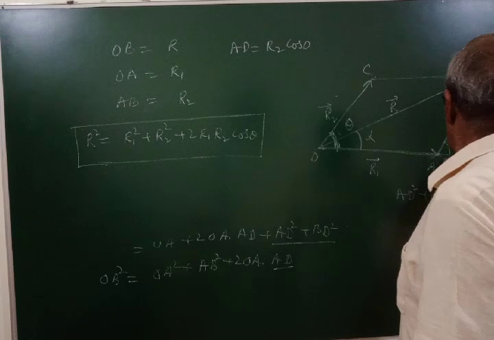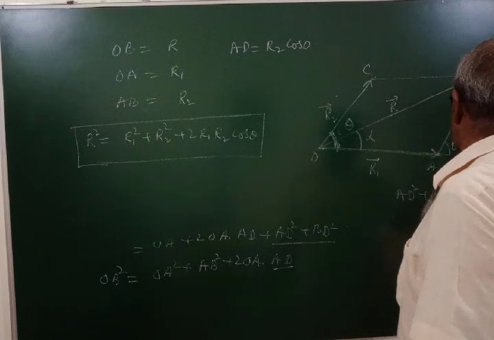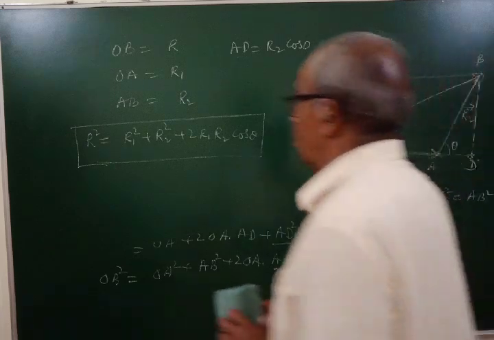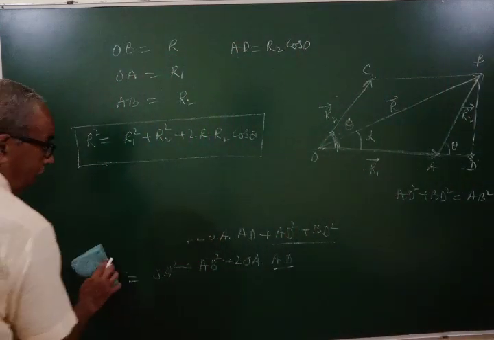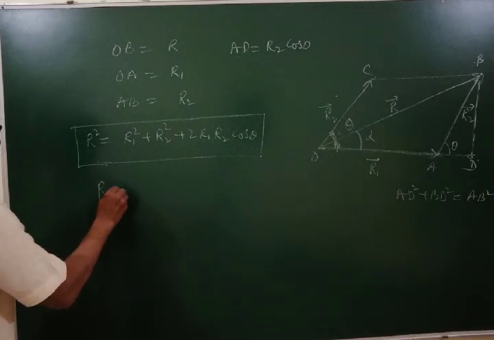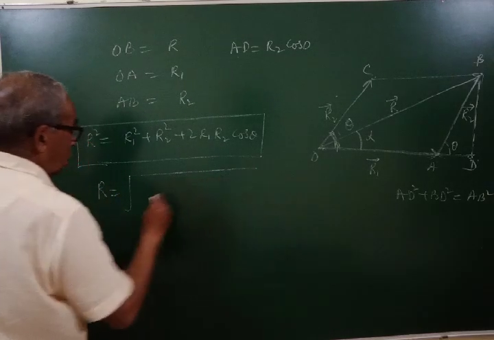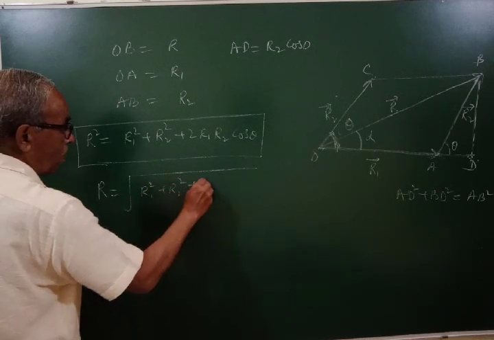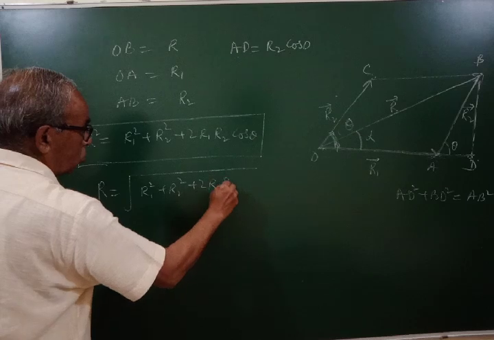The same thing. Here AD represents the projection of R2 on OA. So this is the resultant vector R. Similarly you can write R equal to under root R1 square plus R2 square plus 2 R1 R2 cos theta.